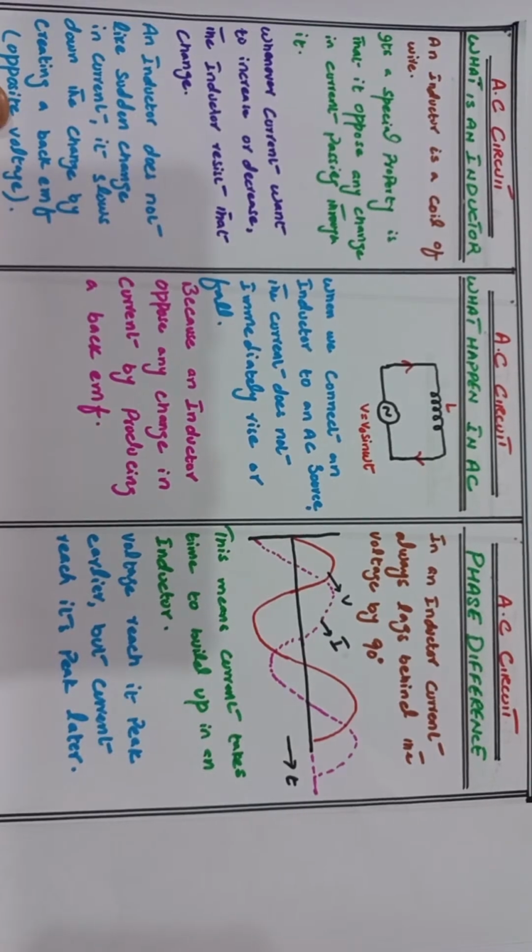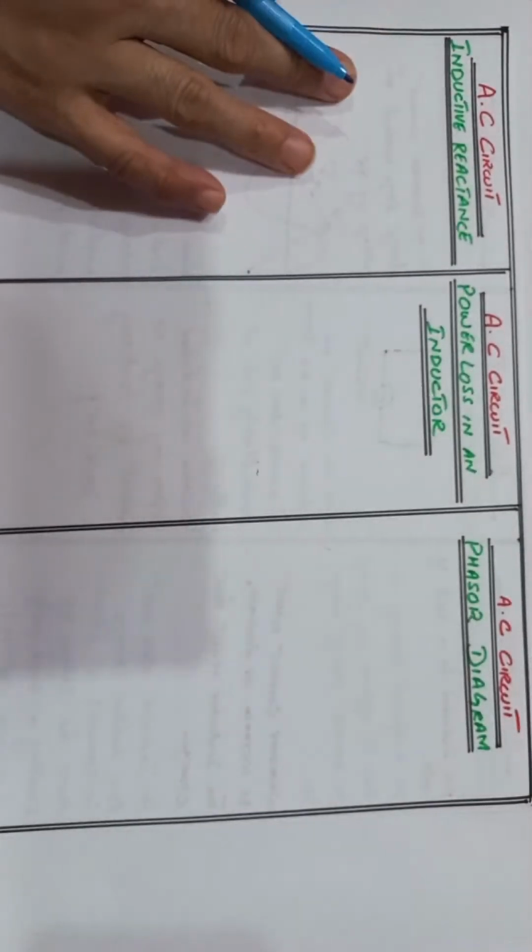What is inductive reactance? The opposition that an inductor offers to the alternating current is called the inductive reactance. In a resistor we discussed that the resistor offers opposition to the flow of the current. An inductor offers resistance to the change in the current.